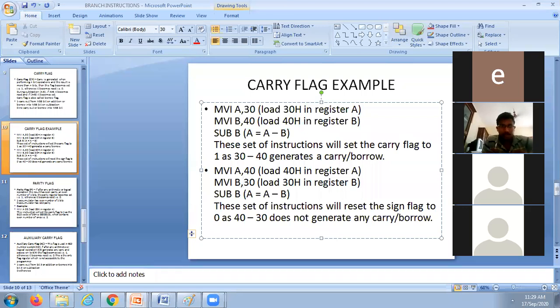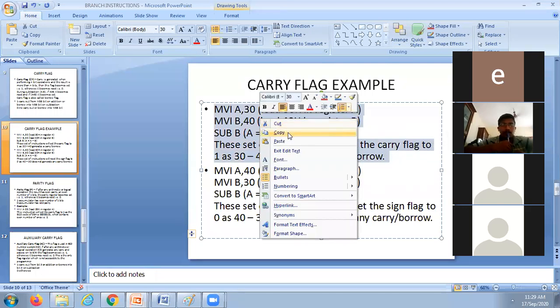Suppose in the case of 8-bit, if you add 130 and 140, then will you get a carry or not? Another example. This is only for the sake of understanding, they have taken only borrow.